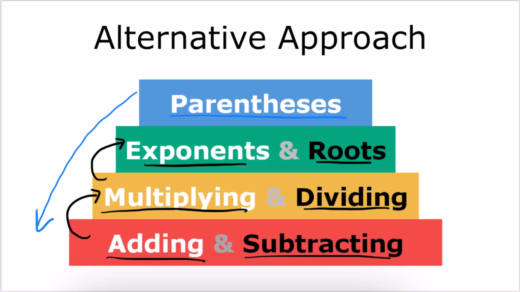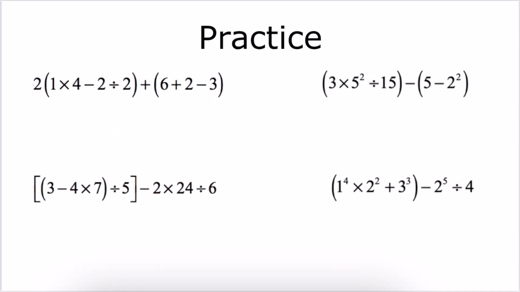And so you do exponents if you have any exponents, as well as any roots. If you have any multiplication or division, you do those ones from left to right. And if you have any addition and subtraction, you do those from left to right. And I found that teaching order of operations in this way actually works a lot better, and it usually is easier to remember.